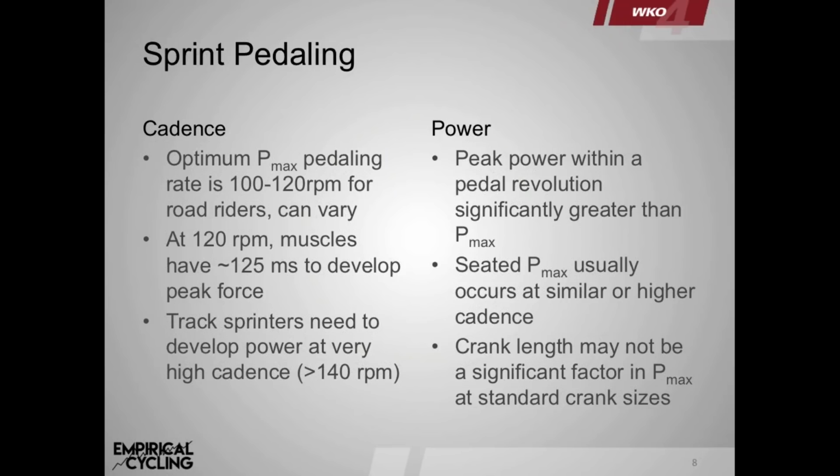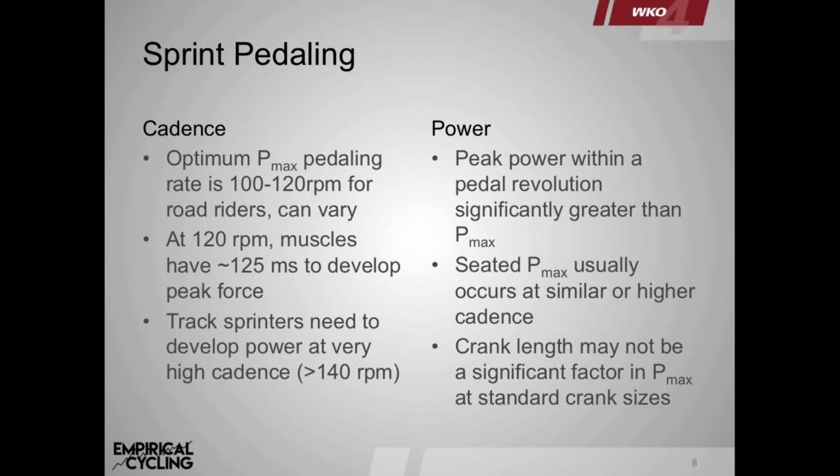So in terms of cadence, optimum Pmax pedaling rate is 100 to 120 RPM for road riders, but can vary. I've seen it as low as 95 RPM for some athletes. I've seen it as high as 130, 140 RPM. And in the average population, people who are untrained, it's generally about 120 RPM on average.